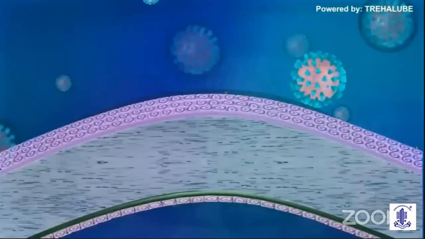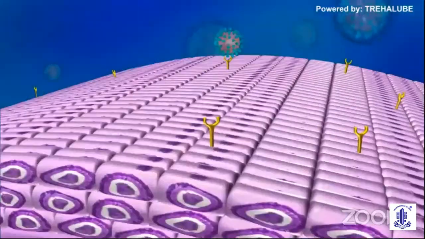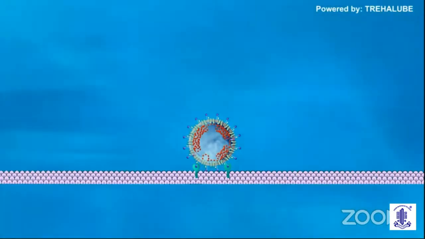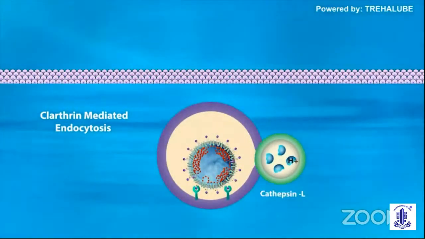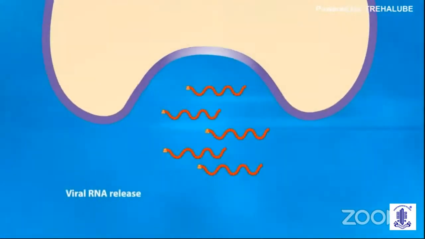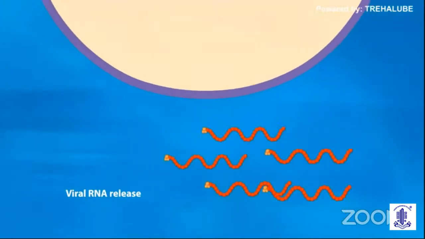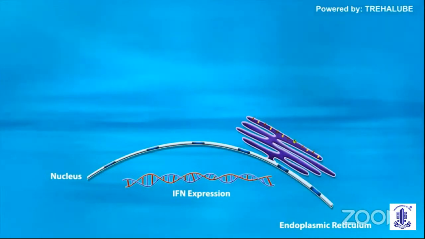The coronavirus binds to the ACE2 receptors on the corneal epithelium. It undergoes clathrin-mediated endocytosis followed by cathepsin-mediated degradation of lysosomal proteins, facilitating the viral RNA release. This is followed by the translation of the virus.